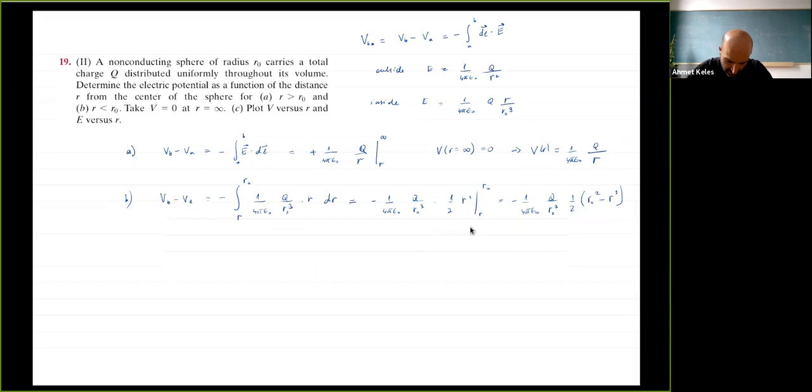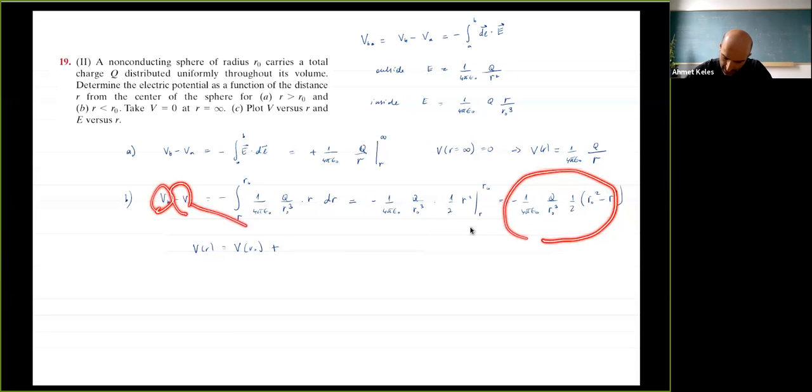Then V of R will be V surface, V of R0, plus this guy, and I took this guy to the other side. Actually, let's write the surface too.